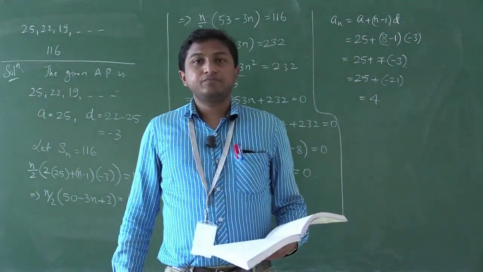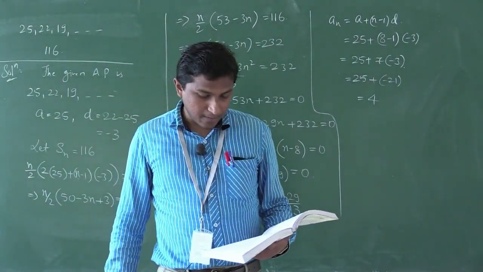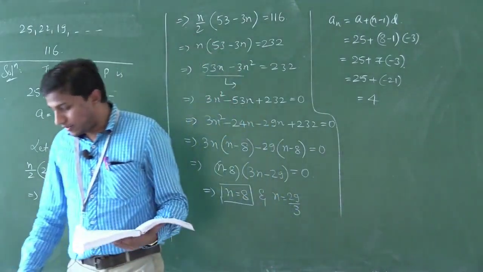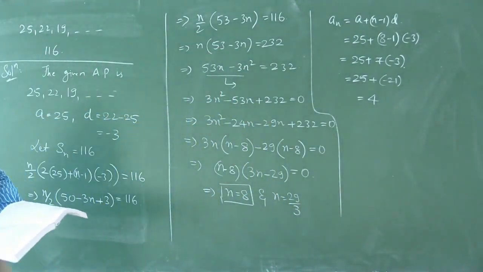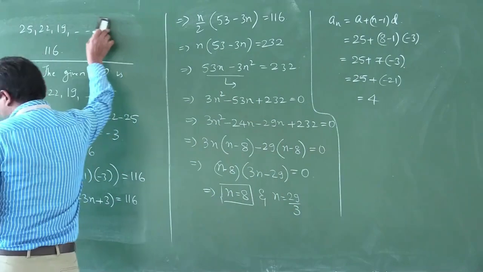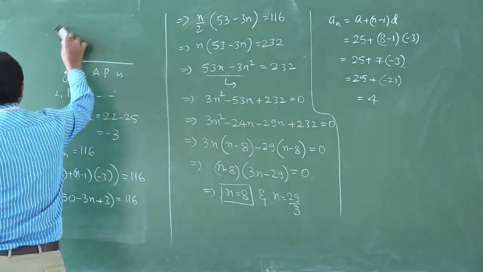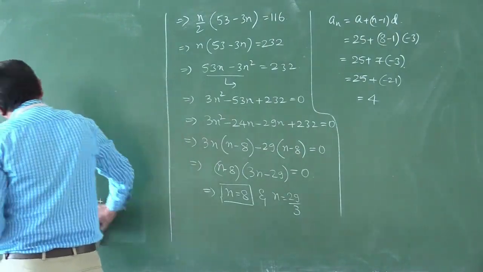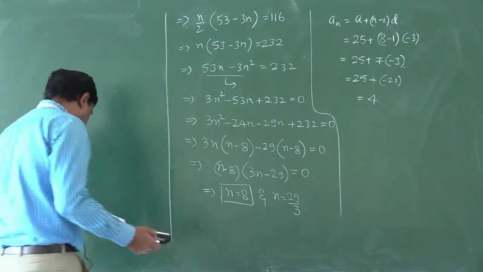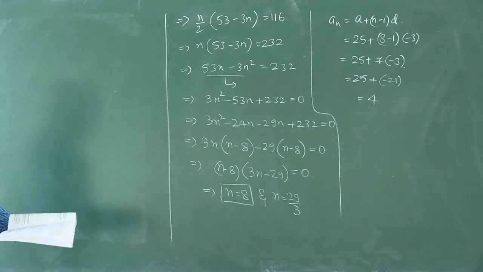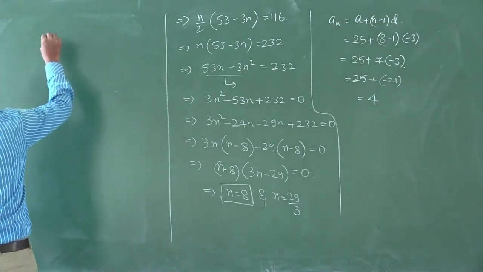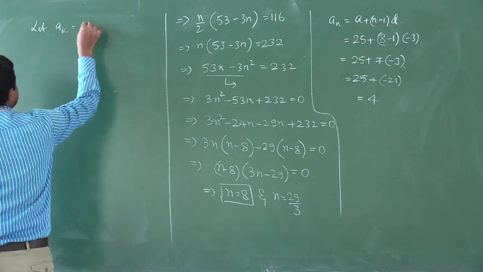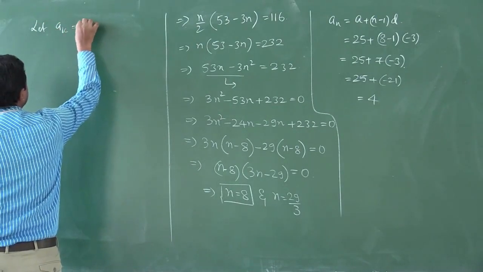Moving forward, write down the next question. Find the sum to n terms of the AP whose kth term is 5k plus 1.